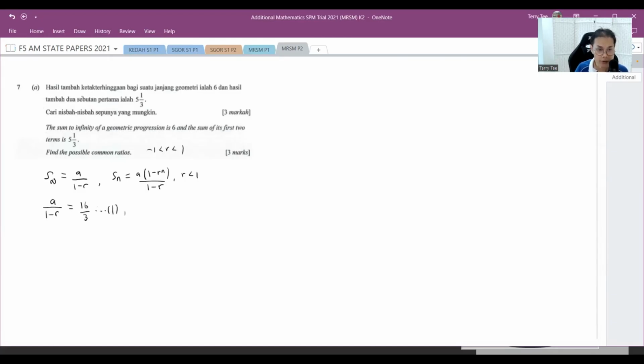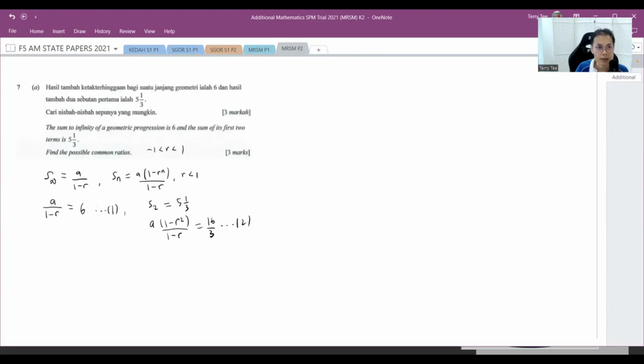So we use a(1 minus r^2) divided by 1 minus r, the result being 16 over 3. Let's call this equation 2.